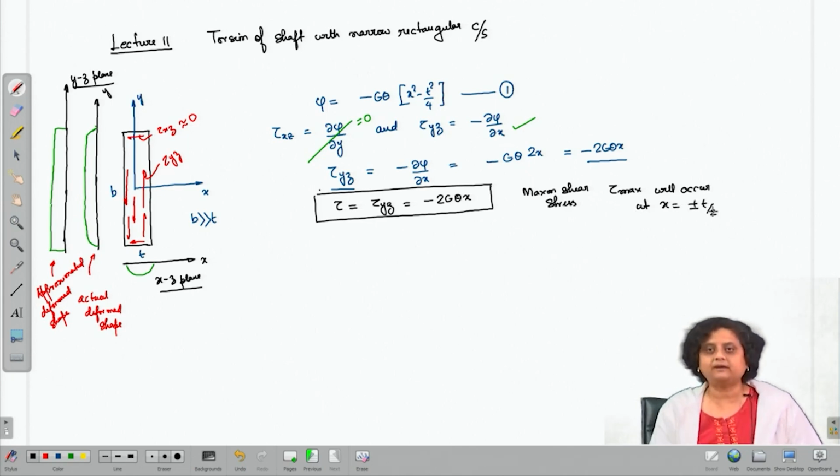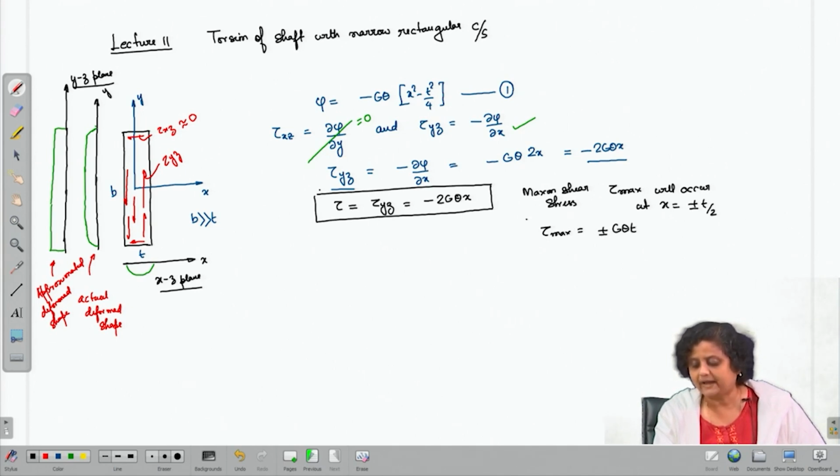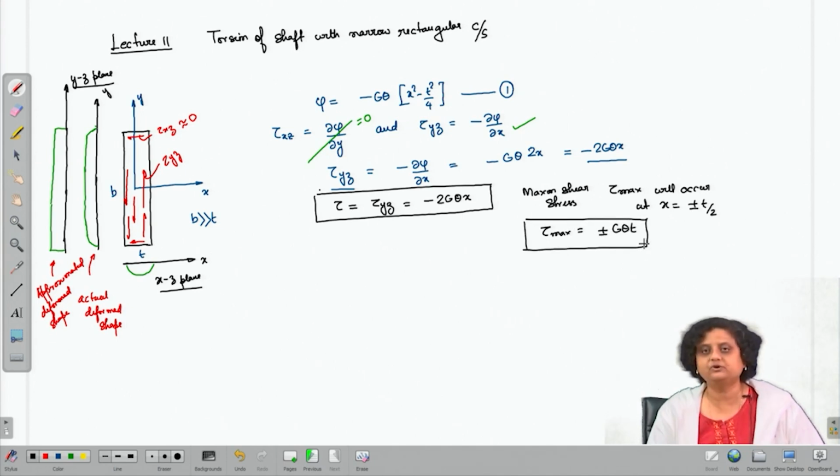When x is max, tau, which is tau yz, is maximum, and that is going to give the maximum value of the shear stress. So, tau max is going to be plus minus G theta into t. So, that is one way to find out the maximum shear stress.